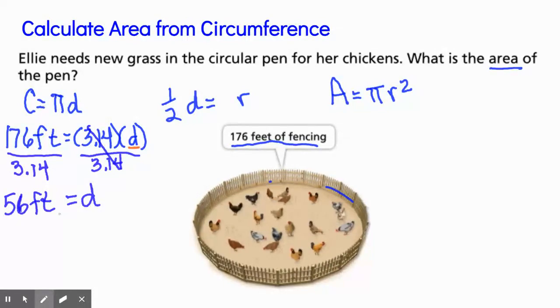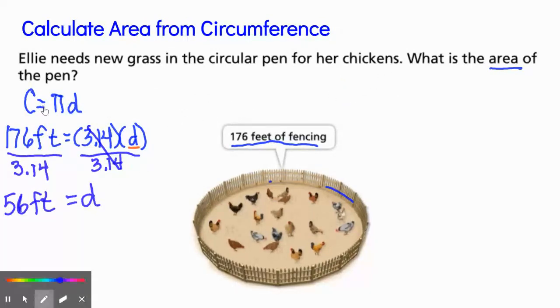Okay? So now I can use this equation right here. So 1/2 of the diameter equals the radius. I need the radius. Do I have my diameter? I sure do. It's 56 feet.